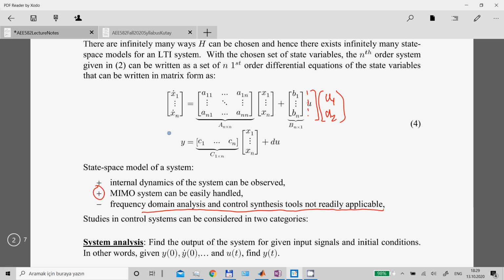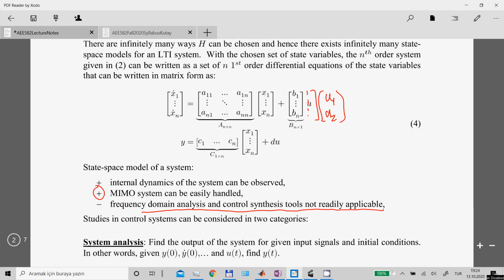You can't really apply them once you have the state space model for your system. As you can see, both of the models that you can have for your system, the transfer function and the state space model, have their own benefits and disadvantages. So depending on what you will do, you may prefer to use one model or the other model.